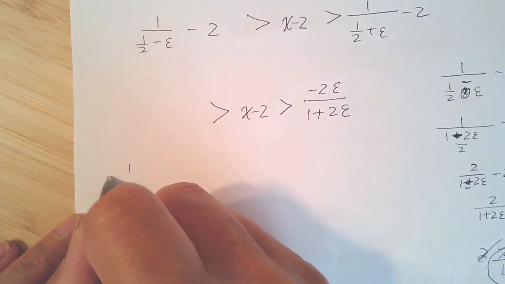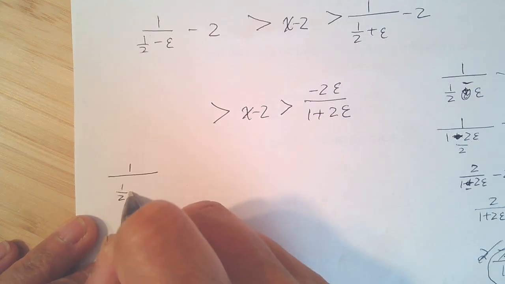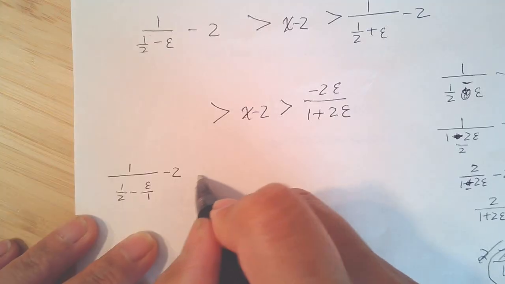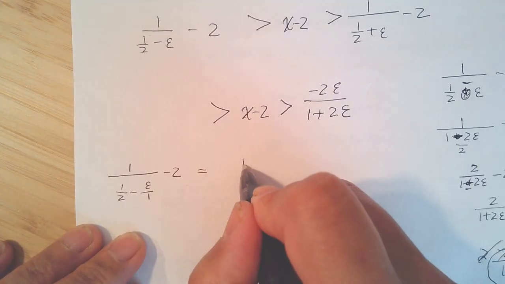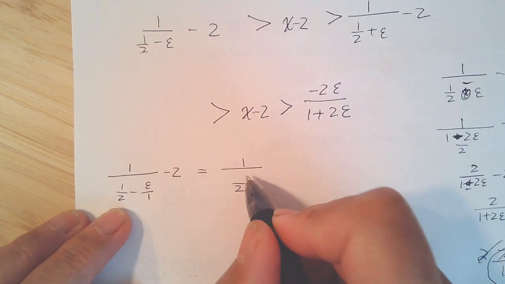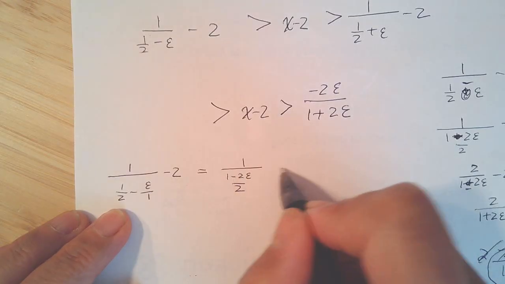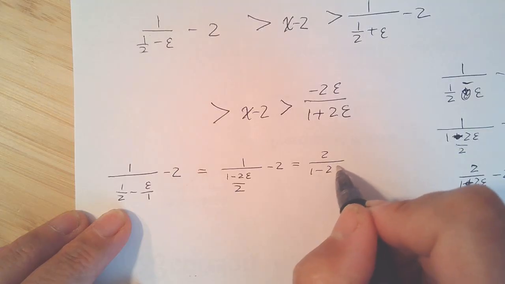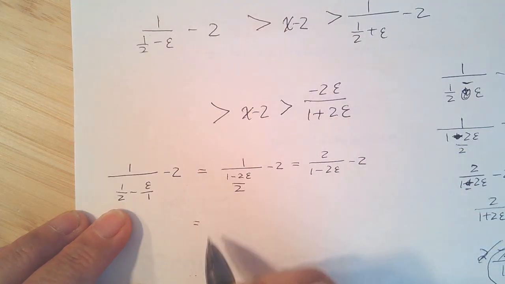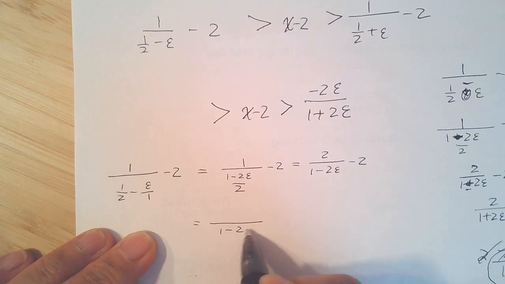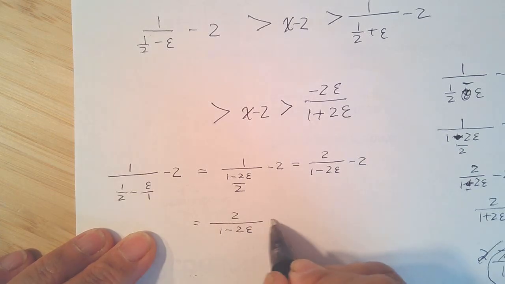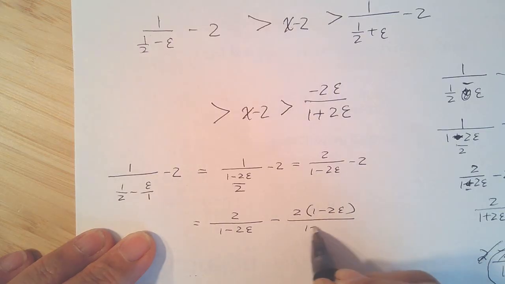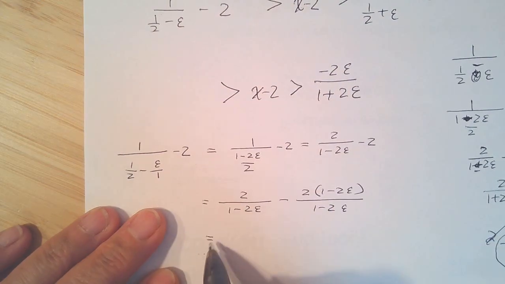I just do this like 1 over, so I'm simplifying that part, so that becomes 1 over 2, and it's 1 minus 2 epsilon minus 2, so that becomes 2 over 1 minus 2 epsilon minus 2, that becomes 1 minus 2 epsilon, 2 minus twice of 1 minus, because I find the LCD 1 minus 2 epsilon, and then I simplify this a little bit.